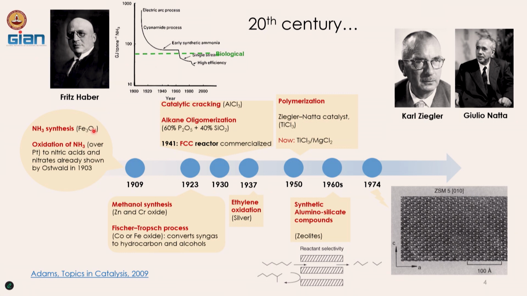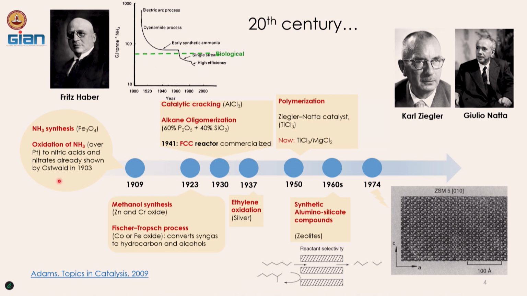Now once you have the ammonia, much before the Haber-Bosch process, Ostwald in 1903 showed how ammonia can be oxidized on platinum to form nitric acid, and then the formation of nitrates, and those nitrates can be used for the war.